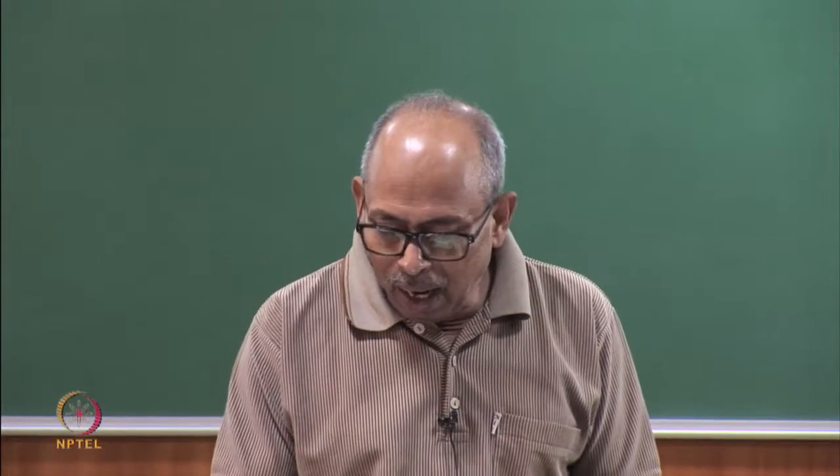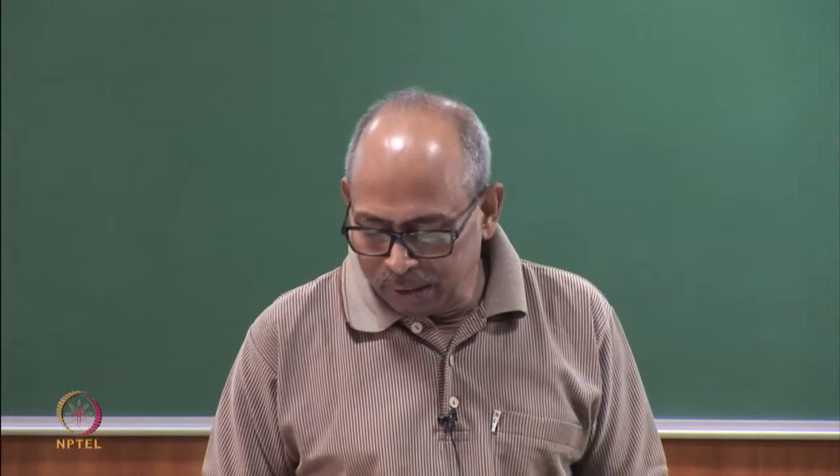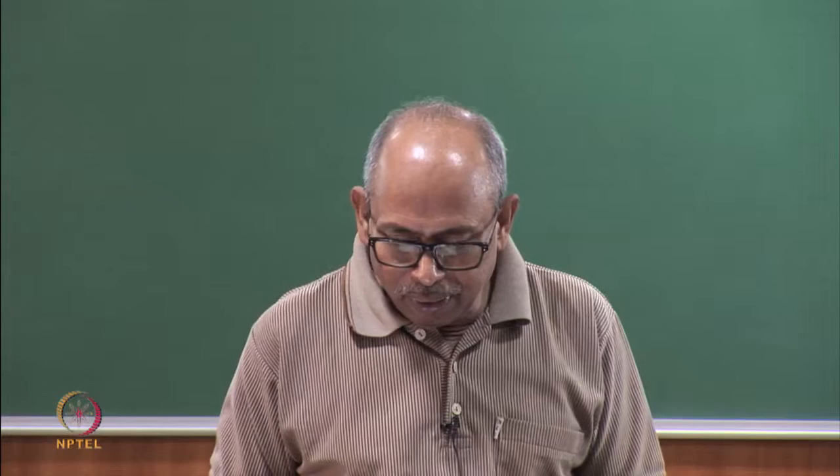So, with something like a large hemisphere, I get illumination as simply pi into b. Okay, this is an important deduction, we will require this.